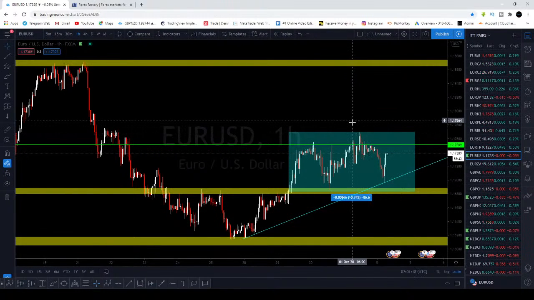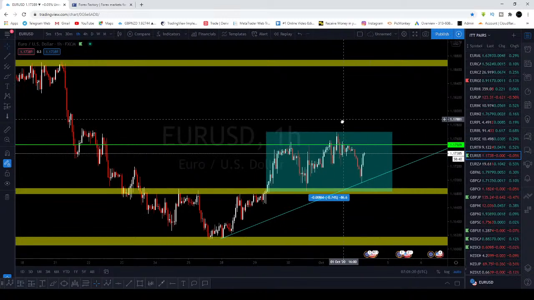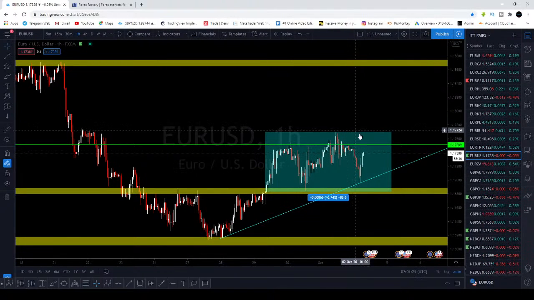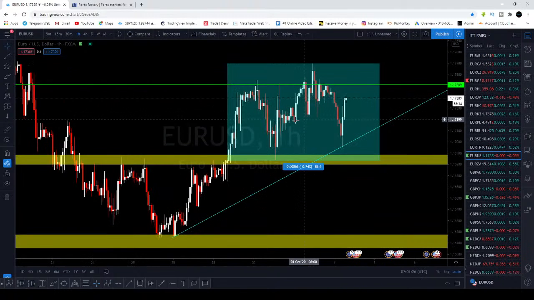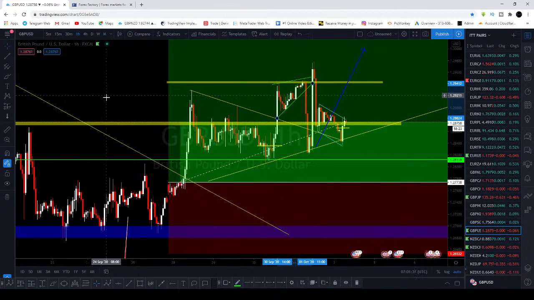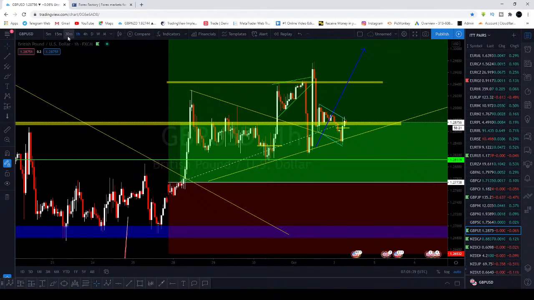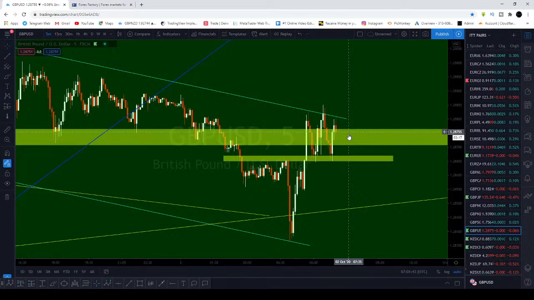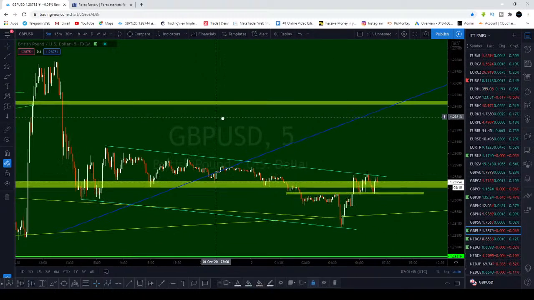And come on, we are now in the London session. As you can see, the market is still kind of ranging. Right now, I've got a lot of things going on with this GBP USD, man, because I analyze it and do a lot of things, but right now I'm still waiting for a breakout, to be honest.